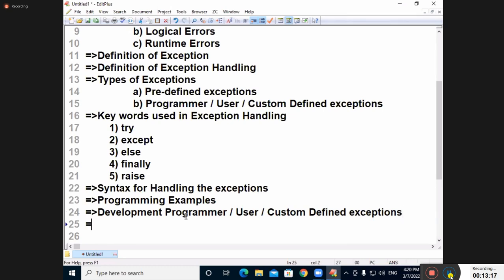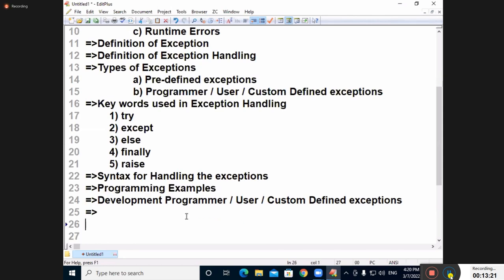We are going to see it immediately. Syntax and programming examples, followed by the ATM case study.